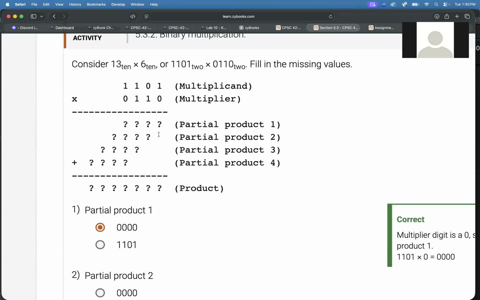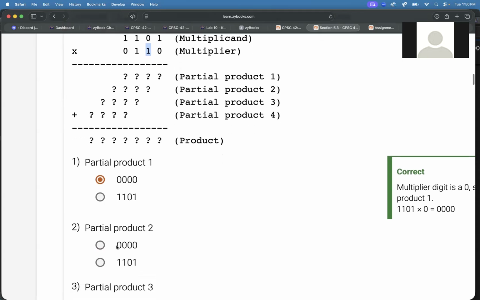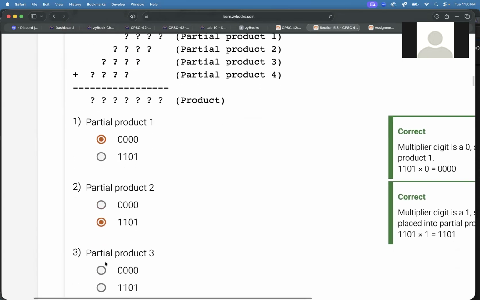And then when you move down to the next row, you put a blank space. And then this right here is going to be the entire top number multiplied by the second digit. So we're going to multiply 1101 by 1. And the thing about that is when you do 1101 times 1, it's just going to be 1101, right?